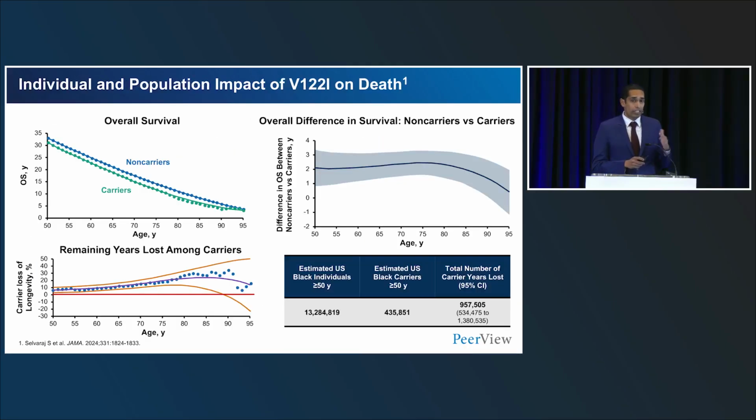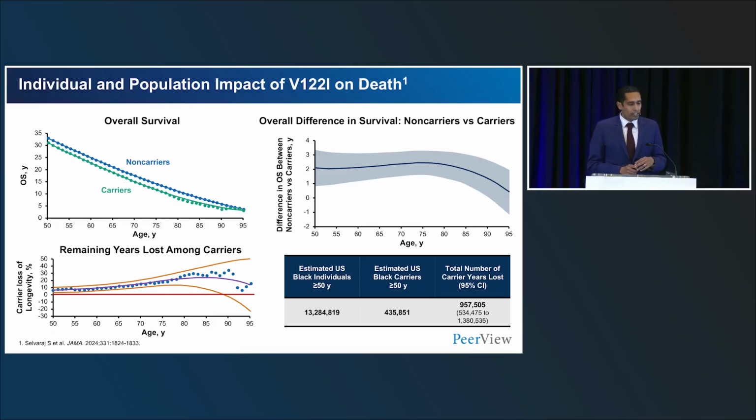There's a large individual and societal impact of the variant. So if we look at an individual carrier, and I'm going to go to the top right of the screen here, an individual carrier, if you're born with the variant compared to a non-carrier, lives in general 2 to 3 years less than a non-carrier. And as we get older, that loss of longevity equates to a substantial reduction in the percent of your remaining time living.